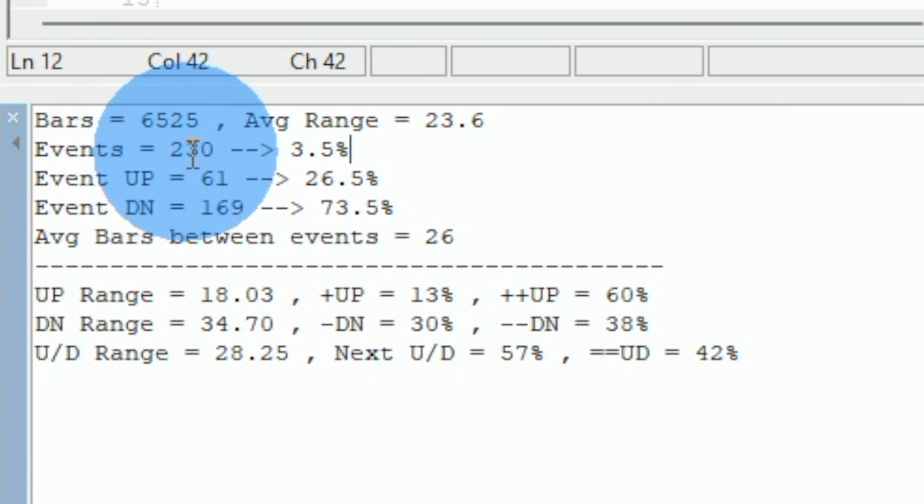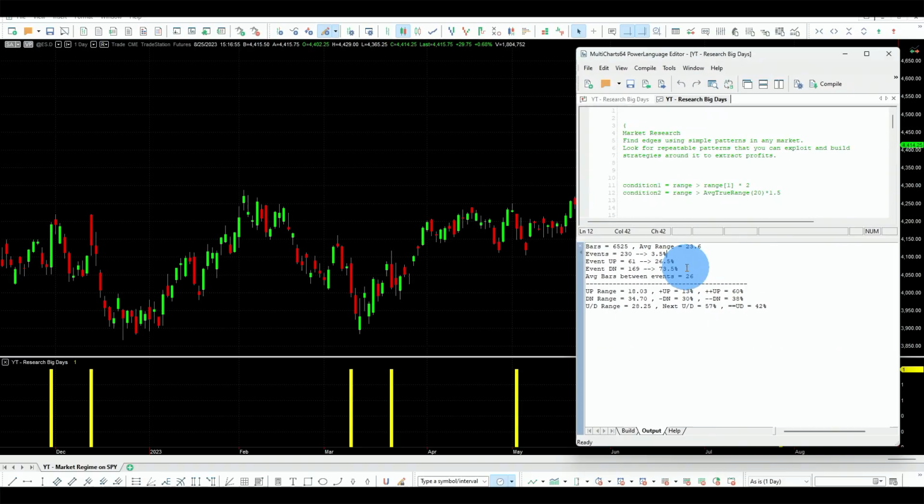Out of the 230 events that we have, 61 of them, which is 26%, is an up day, and 73% is a down day. So here is something that we immediately get, that most of the big range days are down days. The average bars between events is 26, so that's about 5 weeks of trading days.